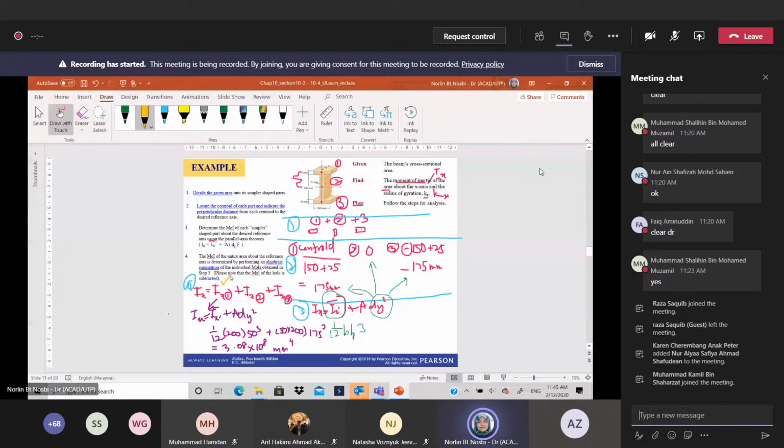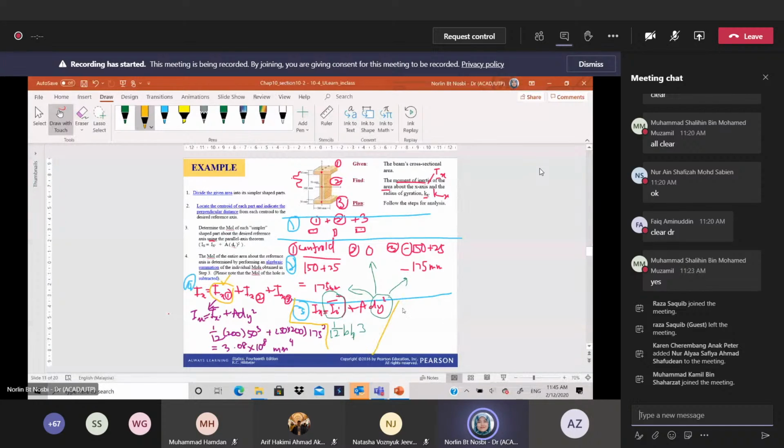So the second one, Ix equals Ix bar plus A dy squared.